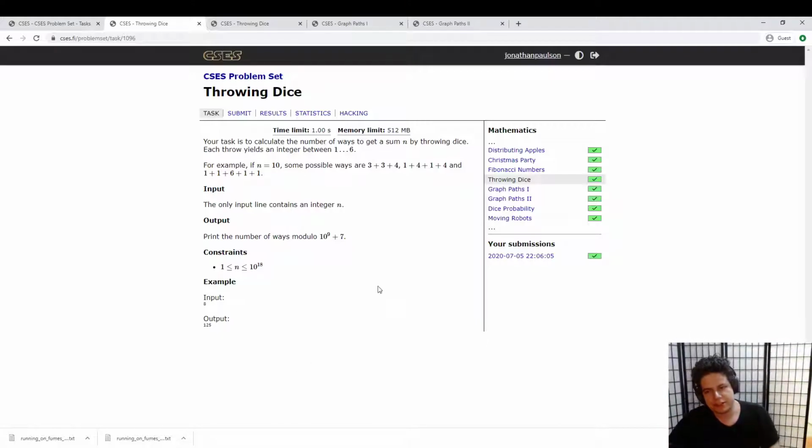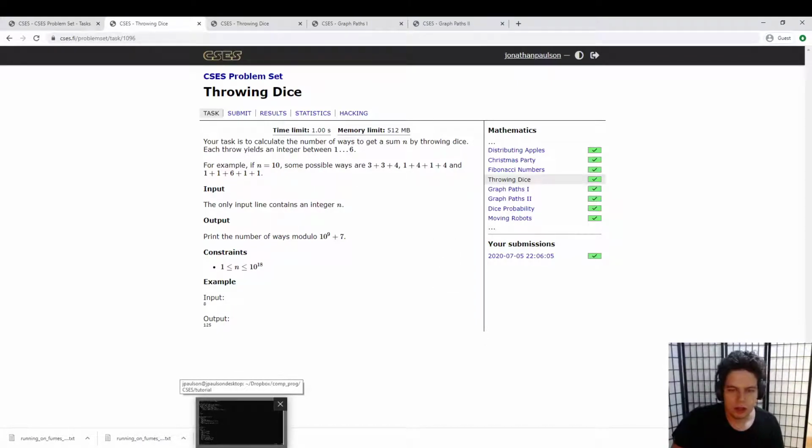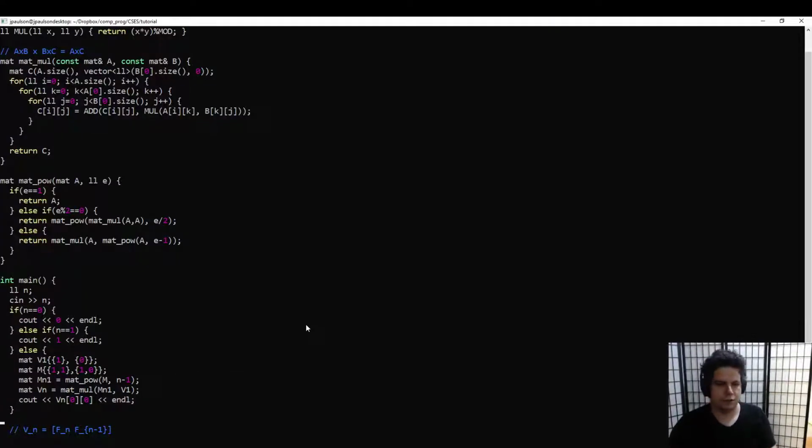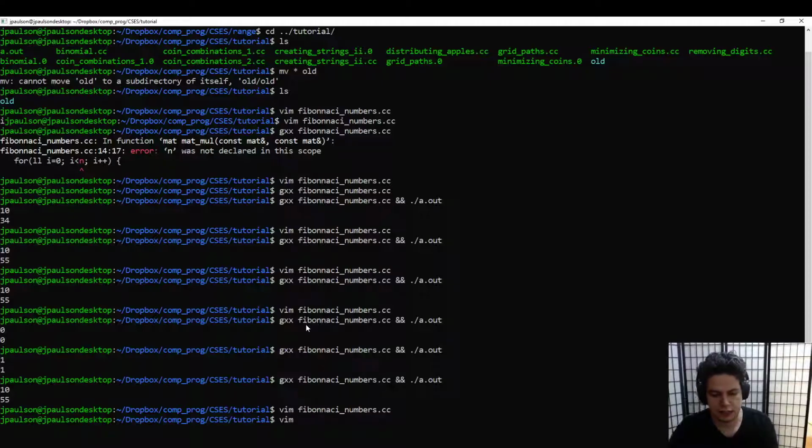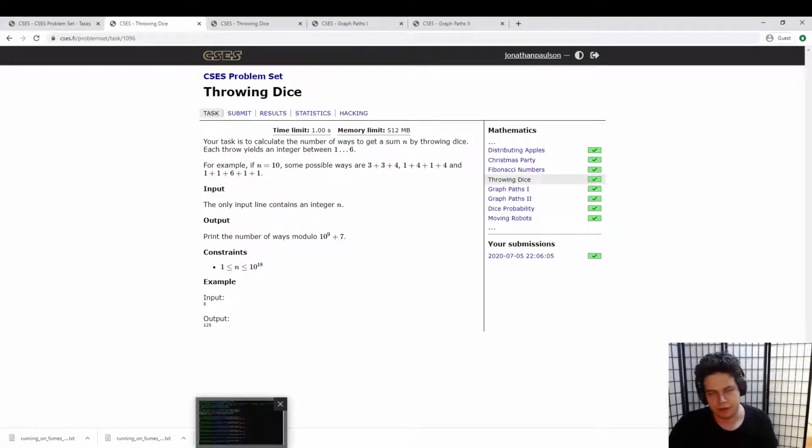So this is actually very similar to the Fibonacci problem from the previous video, except that instead of d_n being d_(n-1) plus d_(n-2), it's d_n equals d_(n-1) plus d_(n-2) all the way to d_(n-6).